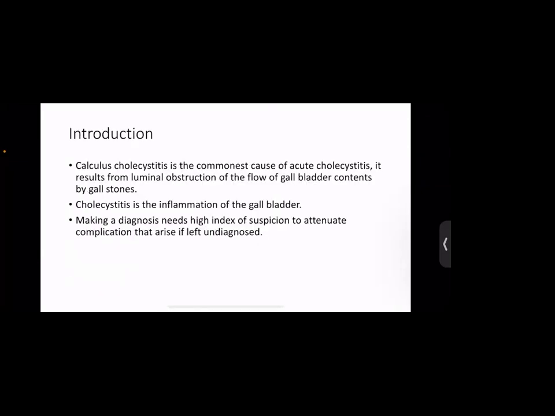As a way of introduction, calculus cholecystitis is the commonest cause of acute cholecystitis. It results from luminal obstruction of the flow of gallbladder content by gallstones. Cholecystitis is the inflammation of the gallbladder, and making a diagnosis needs a high index of suspicion to attenuate complications that arise if left undiagnosed.